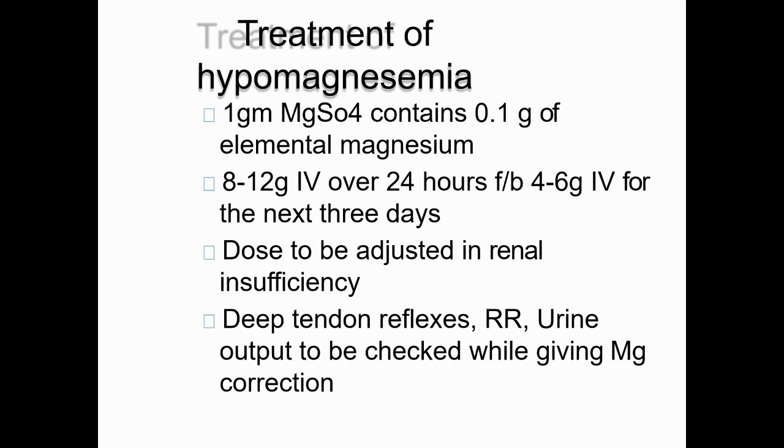The dose is to be adjusted as per renal sufficiency. We have to see whether the kidney is functioning normally or not, look at the deep tendon reflexes, and check the urine output while giving the magnesium correction.